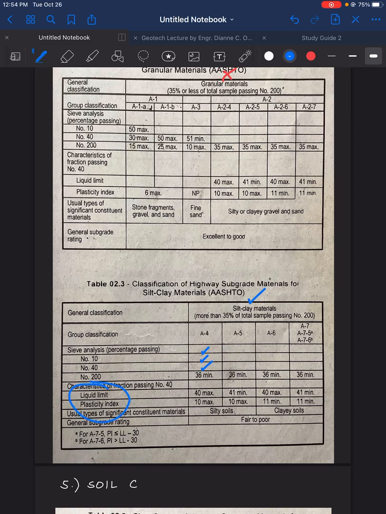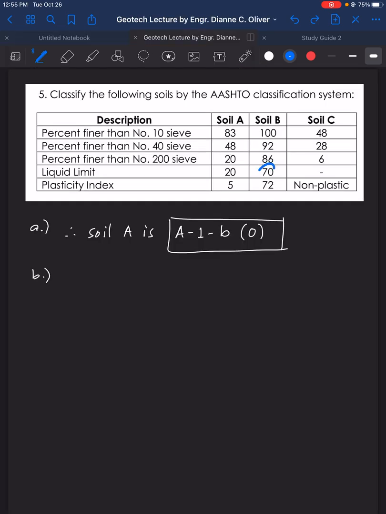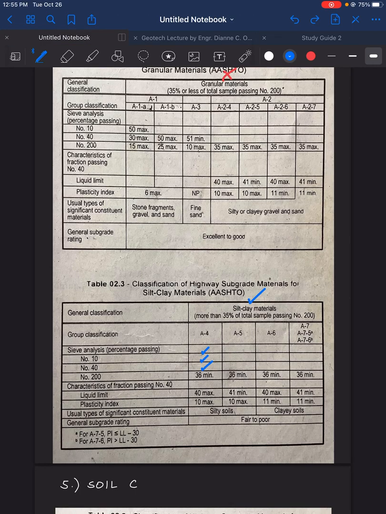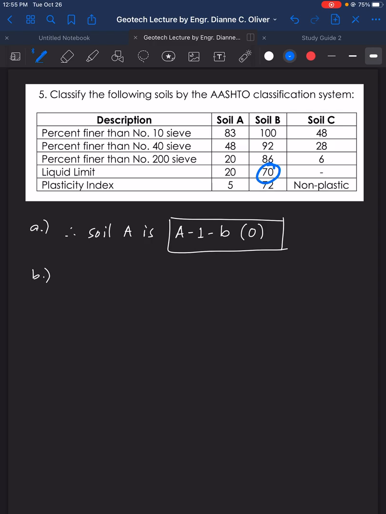Let's go to the plasticity. Liquid limit. Liquid limit is 70. So 40 max here? No. Rather, let's go to 41 minimum, because we have a 70 liquid limit. Okay?